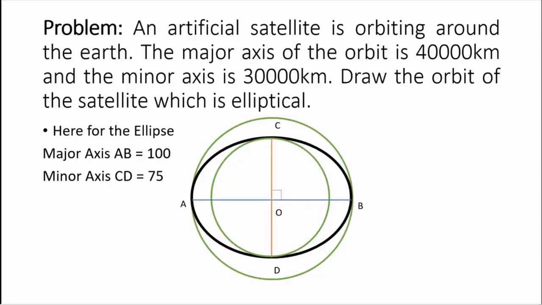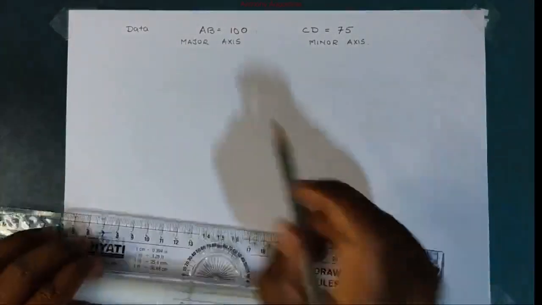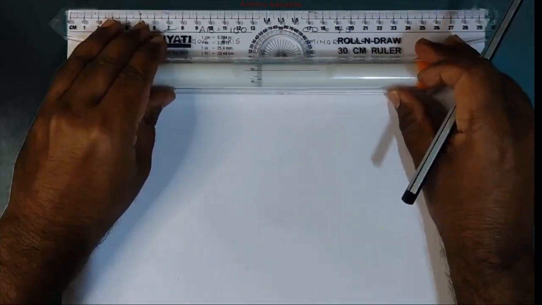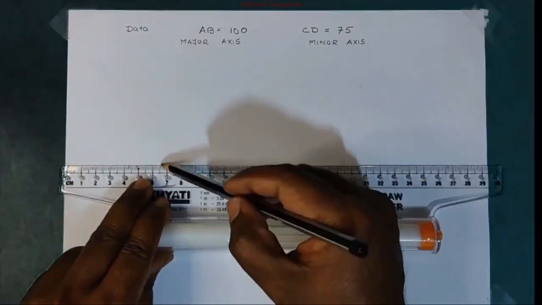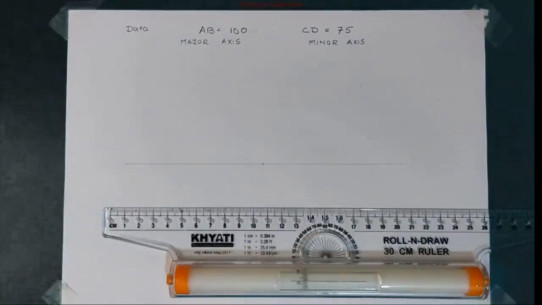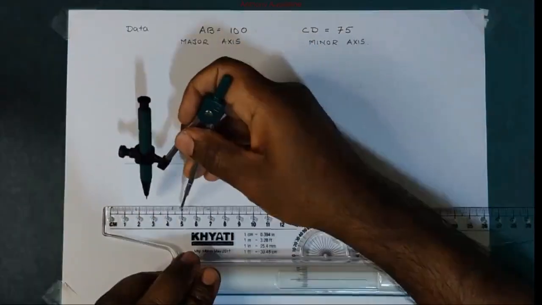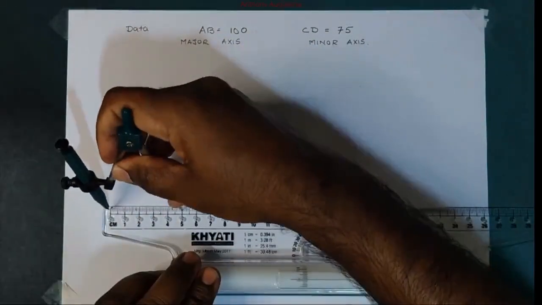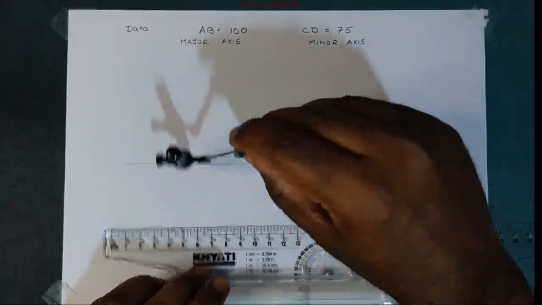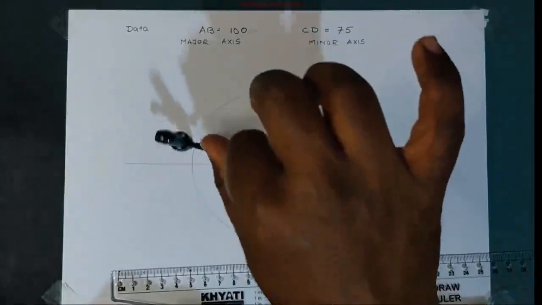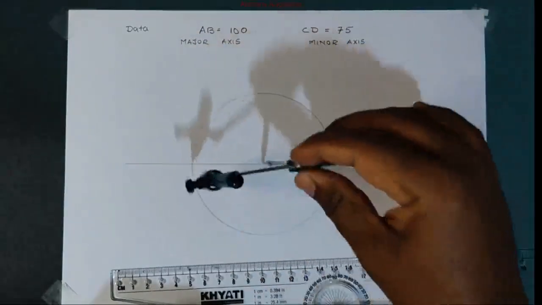Now let's move on to the actual problem solving. So as I discussed, I am taking AB equal to 100 and CD equal to 75. I begin with drawing the major axis, which is horizontal, and I take the center point. Now I take on my compass a distance of 50, and about the center I mark a circle of 50 mm radius.